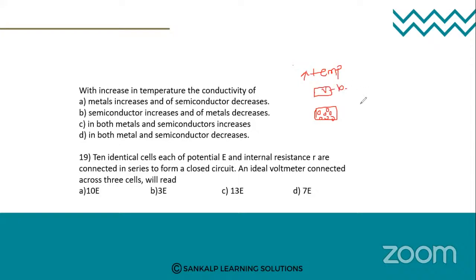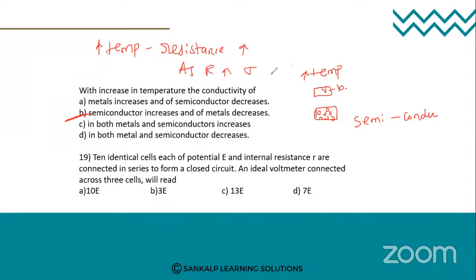So when electrons jump, it increases the conductivity. So for semiconductors, conductivity increases when you increase the temperature. Therefore option B is the right answer. And in metals, with an increase in temperature, the resistance increases. As the resistance increases, obviously the conductivity decreases. So option B is correct.